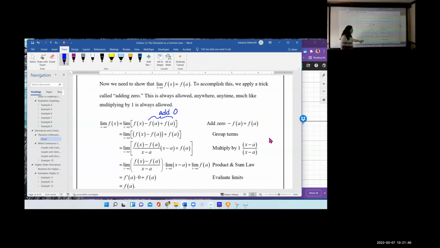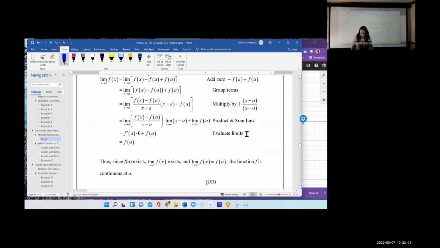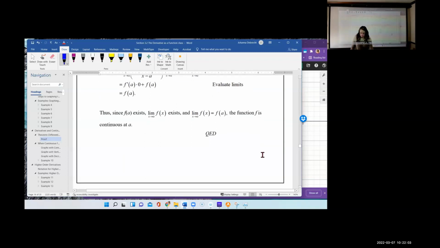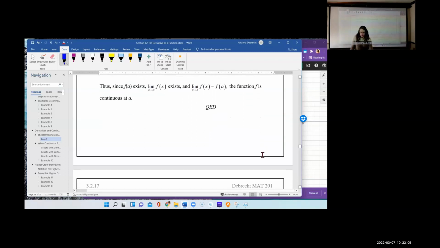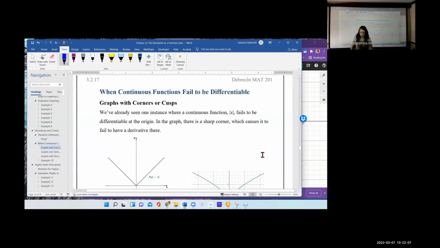The second part is going to go to 0 because as x approaches A, I can substitute A for x, and A minus A gives me 0. So I get f of A, and that proves that the two-sided limit is equal to f of A. So basically that proves that it's continuous at that point.